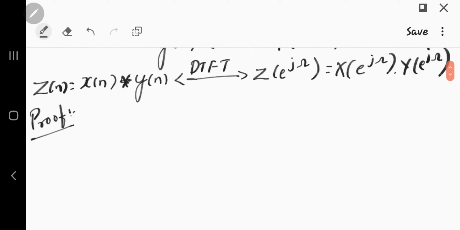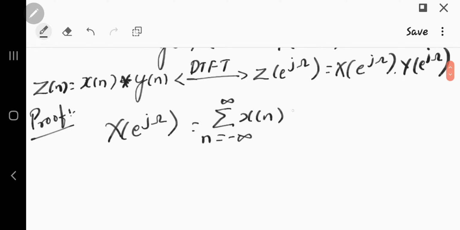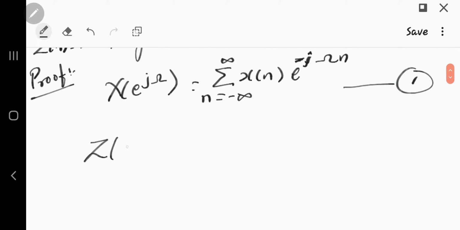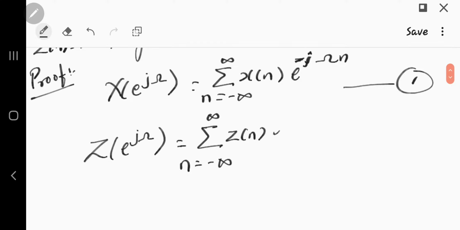Okay, so let's take the proof of this. X of e power j omega is equal to summation n equals minus infinity to plus infinity x of n e power minus j omega n. Call this as 1. Z of e power j omega is equal to summation n equals minus infinity to plus infinity z of n e power minus j omega n.